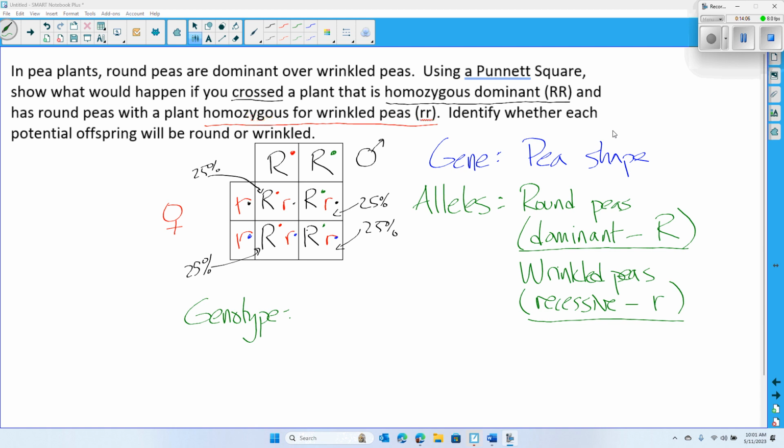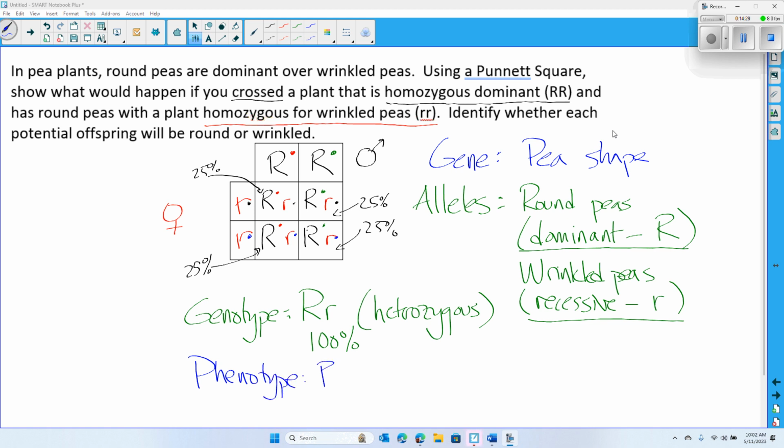It's going to be one dominant and one recessive allele. The other way that we can describe that genotype is with this word, heterozygous. So they will be 100% heterozygous, and they will all have the same appearance as well. The phenotype is all going to be round peas. And again, 100% of all the offspring will have that.